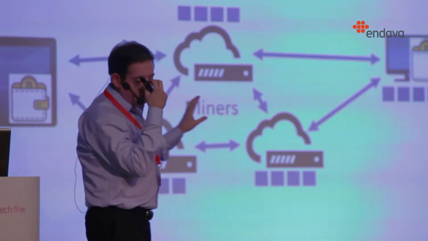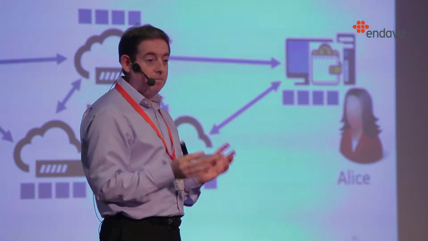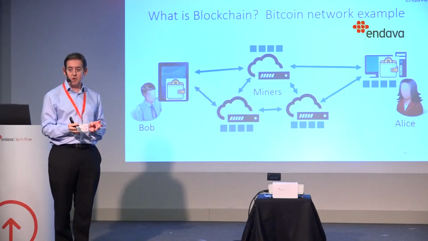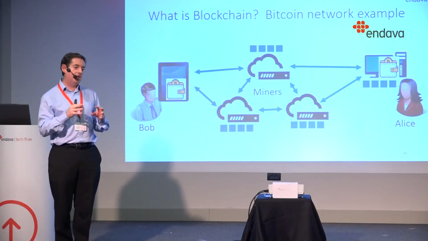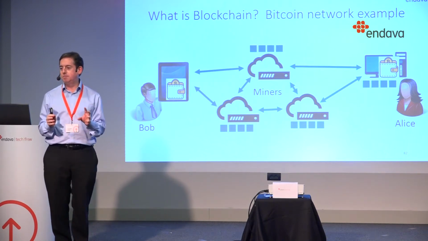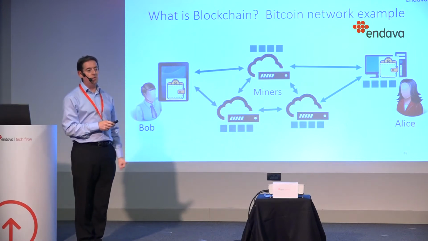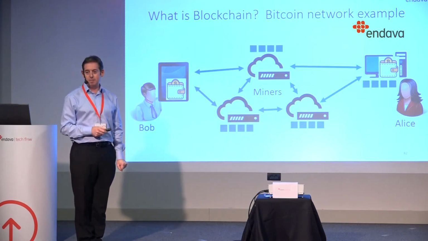So the thing that sometimes people get confused about is they think, I've got my Bitcoin wallet on my computer, so I've got my Bitcoin on my computer. Nothing lives in one place with a blockchain. Everything lives everywhere. So Alice has got all the transactions in the world, including the one that she used to transfer money to Bob.